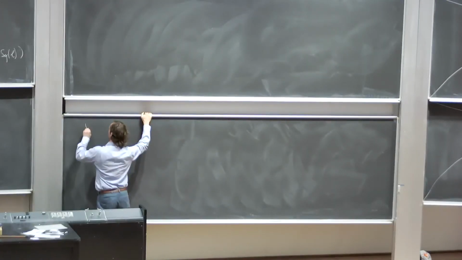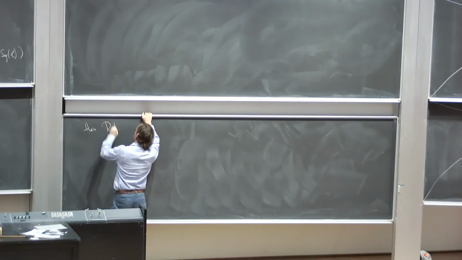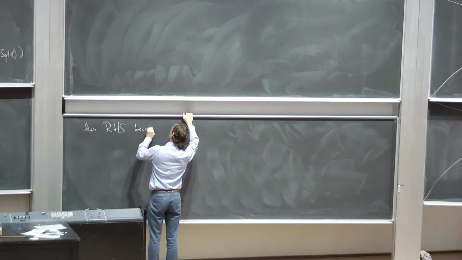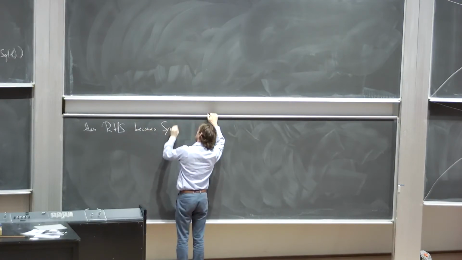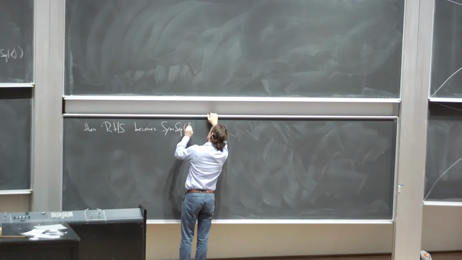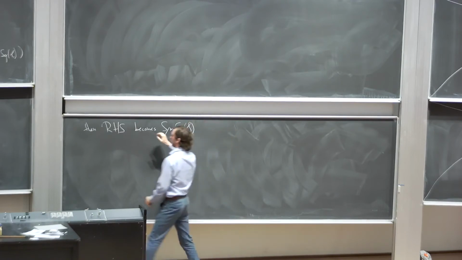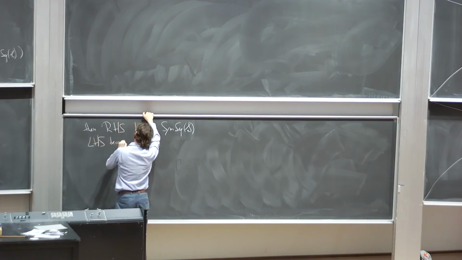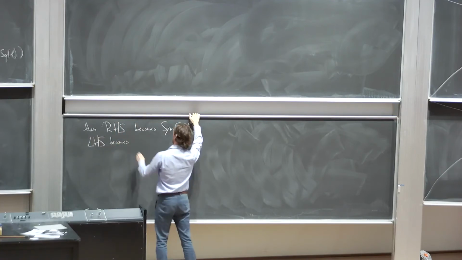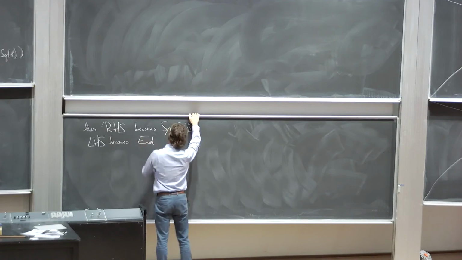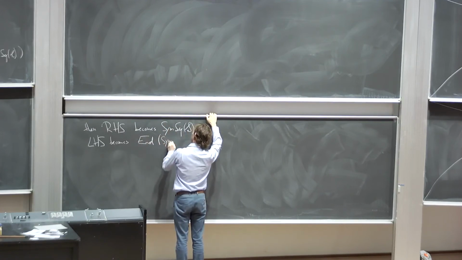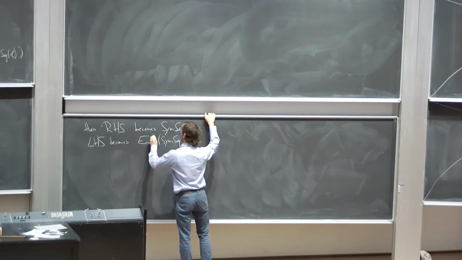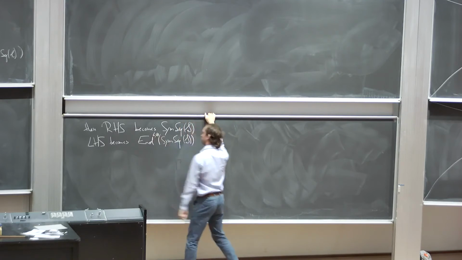So then the right-hand side becomes symmetric sequences in S, and the left-hand side becomes, well, it's endomorphisms of symmetric sequences in S, so functors from this thing to itself that preserve colimits and are compatible with this Day convolution.